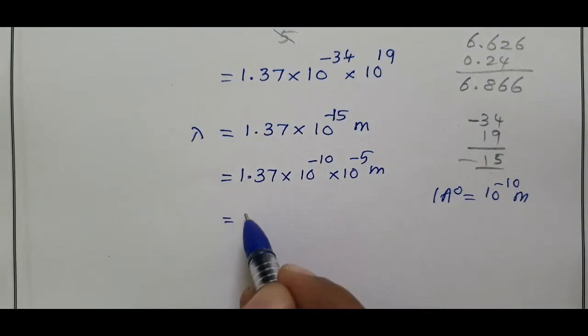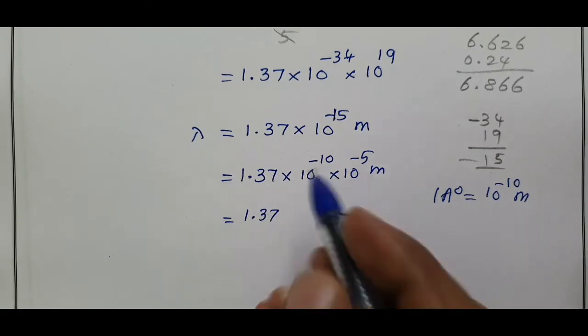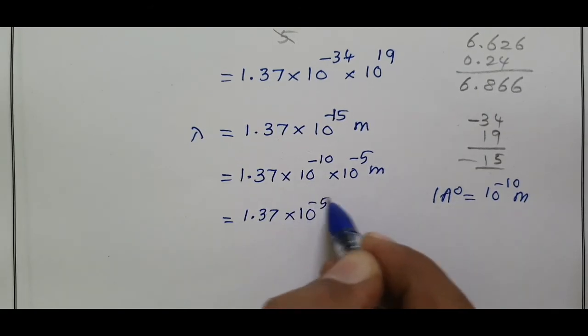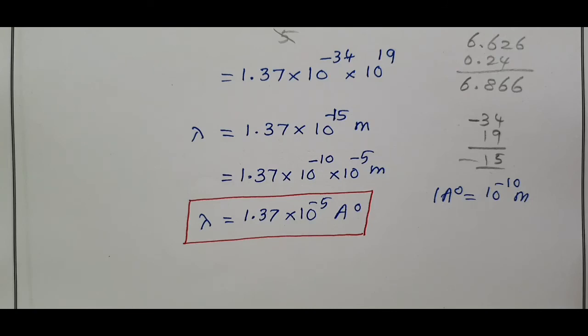That is 1.37 × 10^-5 angstrom, since 10^-10 meter equals 1 angstrom. Lambda equals 1.37 × 10^-5 angstrom. So this is the lambda value.